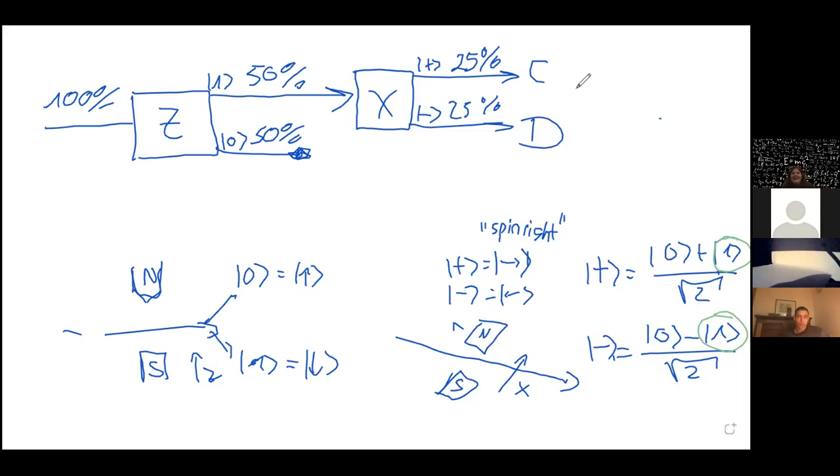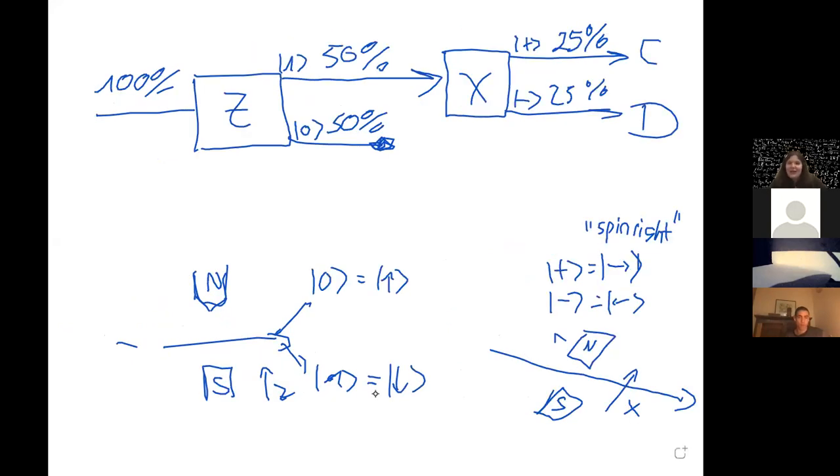It's sort of crazy, but also sort of surprising. That's why I really love quantum mechanics. So the question is, why 50-50 and not 30-70?